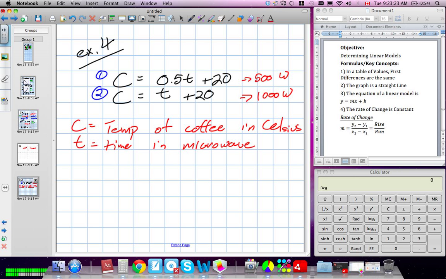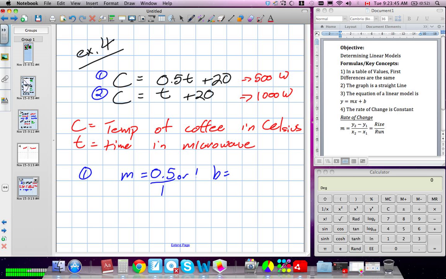Just to start, for equation 1. What would our slope be in equation 1 and our y-intercept be? So 0.5 over 1, or what's another way I could write that? Good. 1 over 2. And our y-intercept is 20.